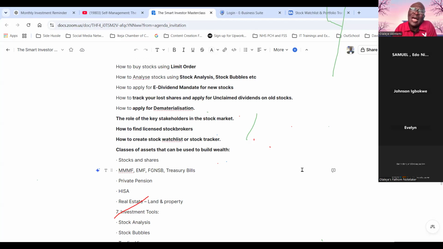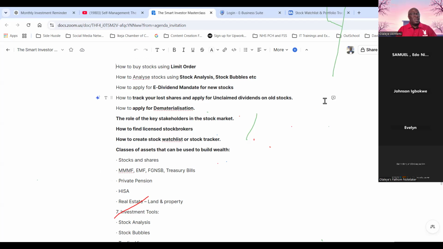So Bamboo has its own advantage, or they have areas where they are good. So if you don't need to fill the e-dividend mandate, then it's a plus for Bamboo. They've done very well in that area. But with other investment apps or with other stockbrokers, the first time you buy stocks, you need to fill the e-dividend mandate.